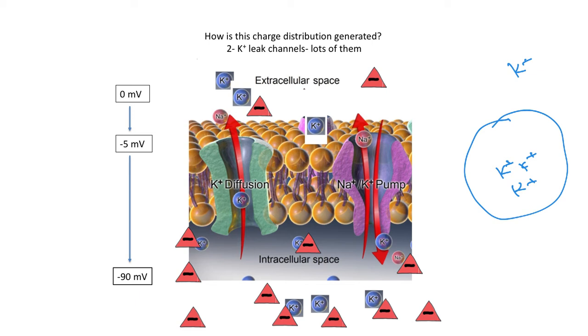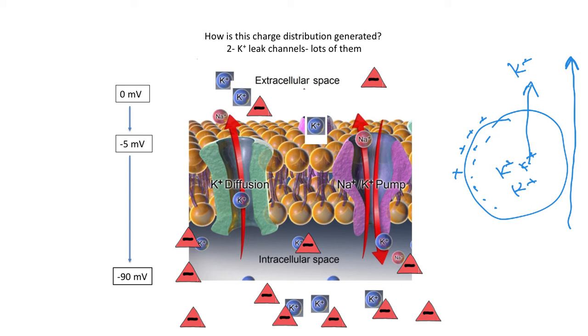The cell membrane has negative charges and positive charges here. Now, in the beginning, potassium follows its concentration gradient, so it moves out of the cell, and it keeps going. It makes the inside of the cell more and more negative.